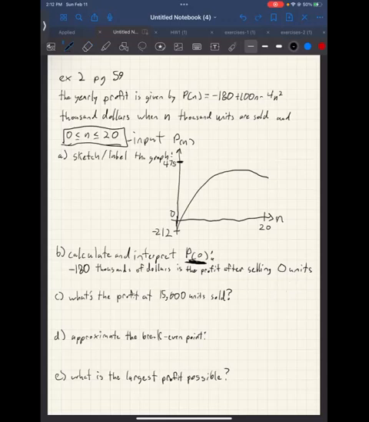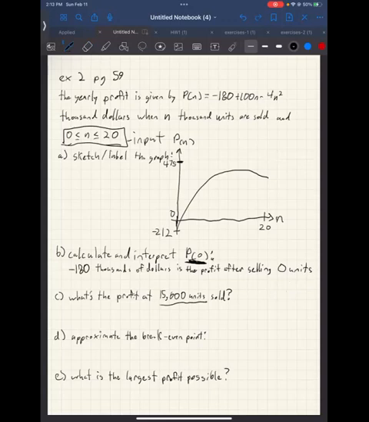But even if you did say 0,000 units, I think that's perfectly fine. But really, that just means 0 units. Okay. So now it says, what's the profit at 15,000 units sold?